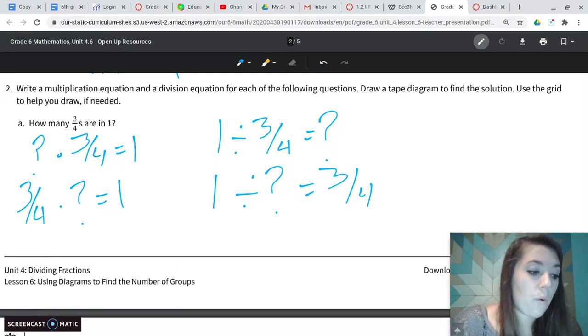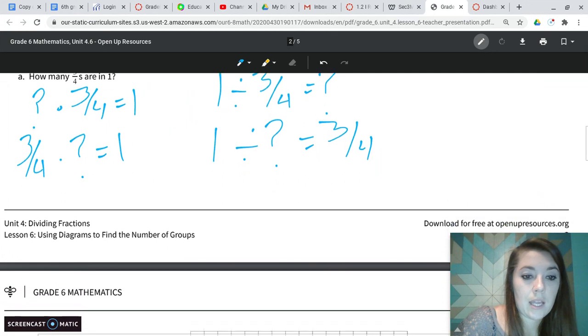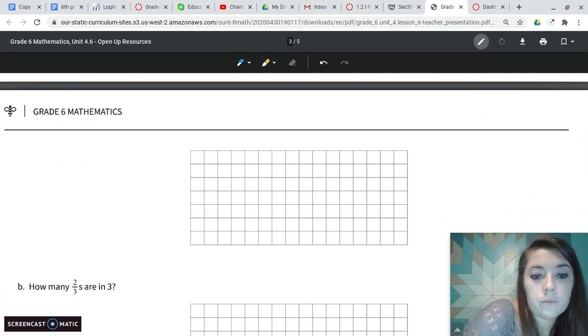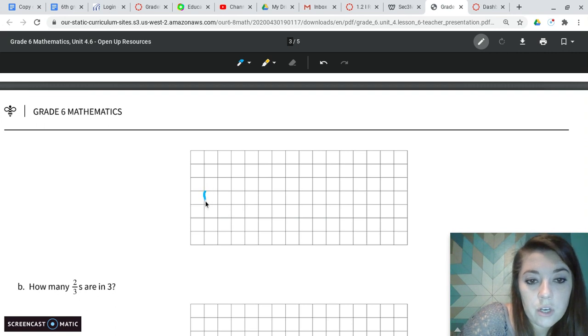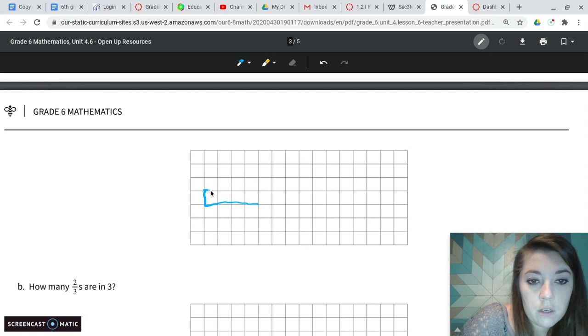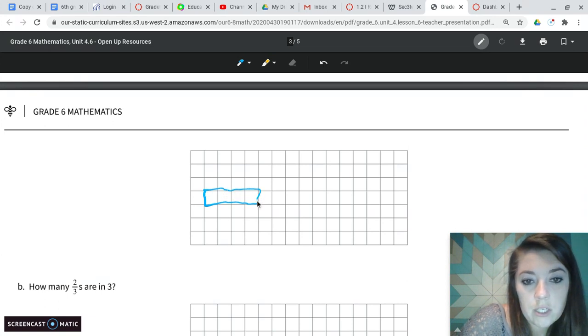So now what we're going to do is look at it on a grid. So let me try to get this as straight as possible for you guys. 1, 2, 3, 4. Oh, I know mine is not very straight in the slightest.